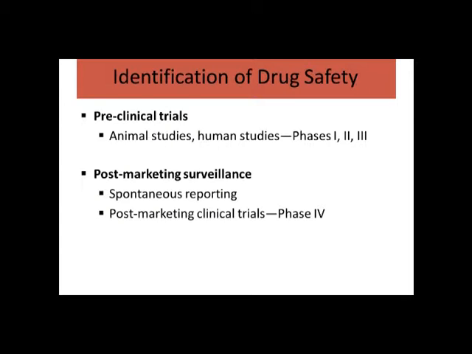The second platform where you can actually detect adverse drug reactions is post marketing surveillance. Once the drug is in the market after phase 3, it cannot be left like that. You need to look into what's happening with the efficacy and the safety of the drug in the population.